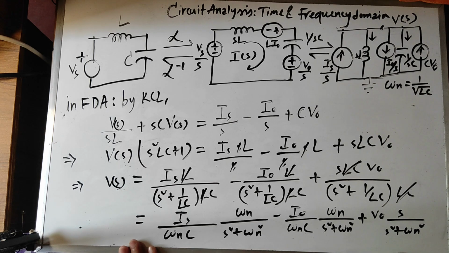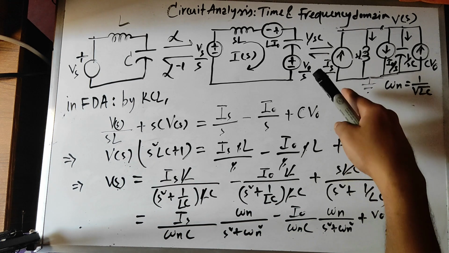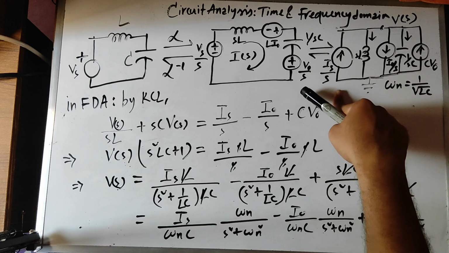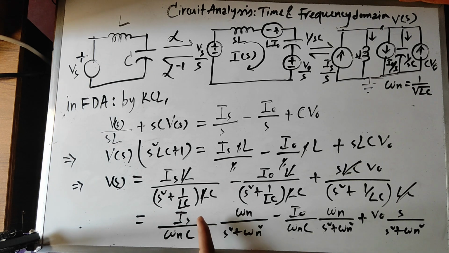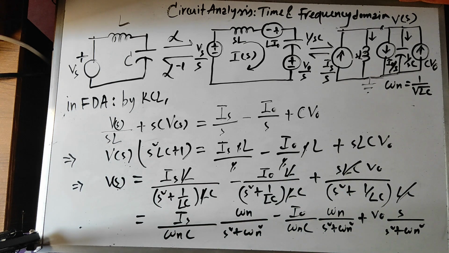When we applied the KCL, we assumed the step input as a current source, but in actuality, we are going to represent this Is in terms of voltage. So how are we going to do that?